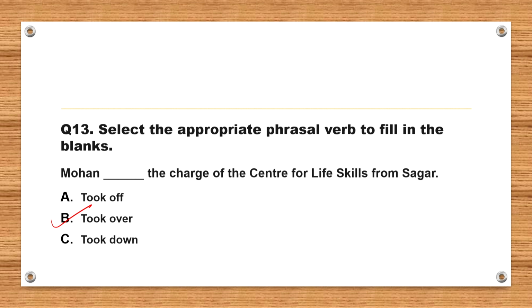The phrasal verb took over means to take responsibility for or control of. Hence, its use is appropriate over here. Therefore, our sentence will be Mohan took over the charge of the Center for Life Skills from Sagar. So, is it clear?